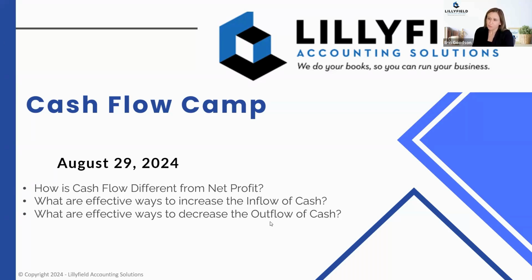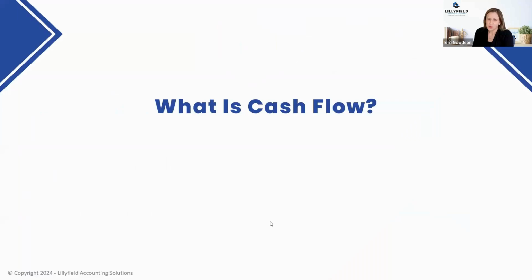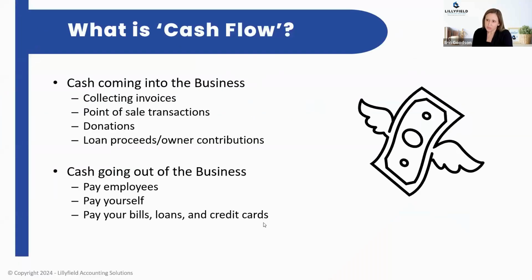So we'll jump in and really define what is cash flow. When we're talking about cash flow, we're talking about what's coming in the door and what's going out the door. Cash coming into the business is your cash inflow, and that can come from your customers. So if you're collecting on invoicing or you're being paid via a point of sale transaction, that's cash coming in.